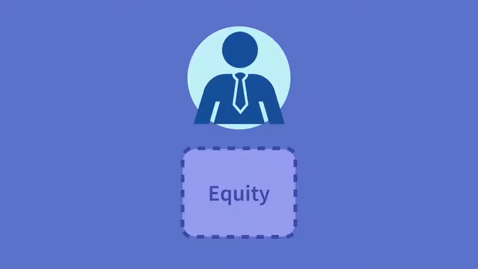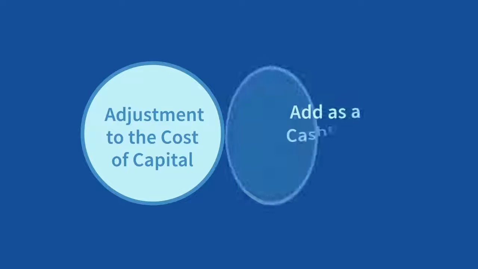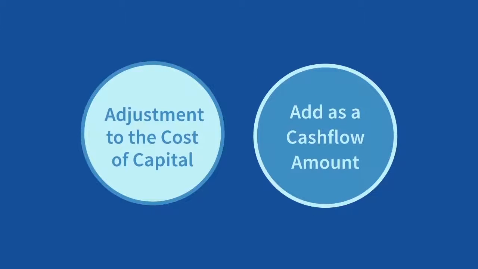There are two ways we could potentially incorporate flotation costs into the analysis of a project. Option 1, we could include it as part of the cost of capital, adjusting the overall cost of capital to account for this practical cost of accessing this funding. Or, option 2, we could include this cost as a negative cash outflow at time 0, an extra amount to be accounted for with the project's initial outlay.